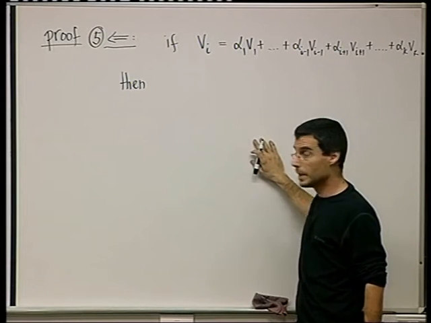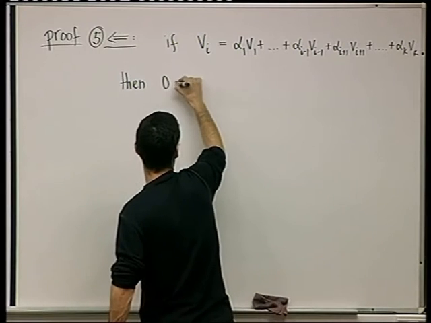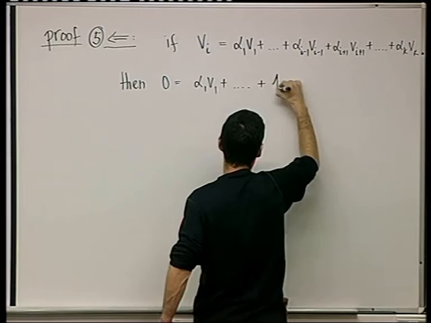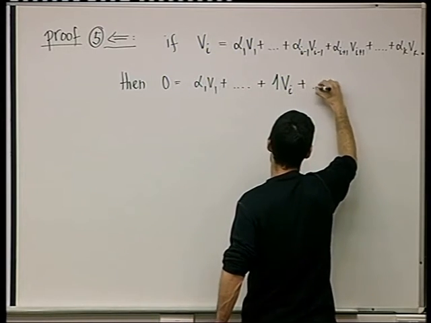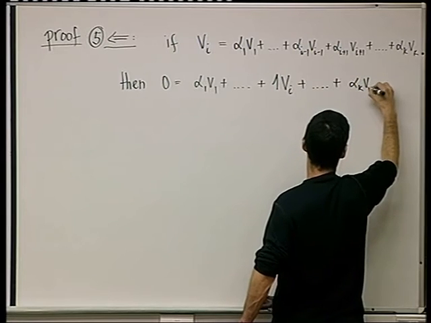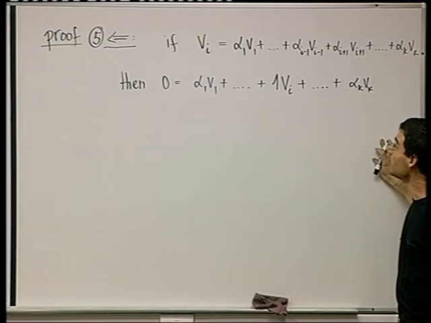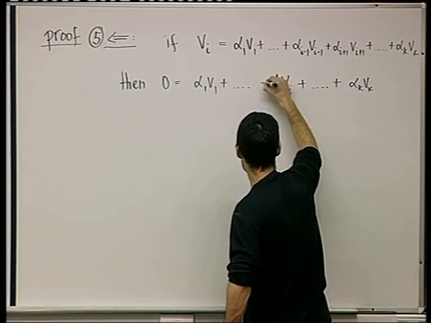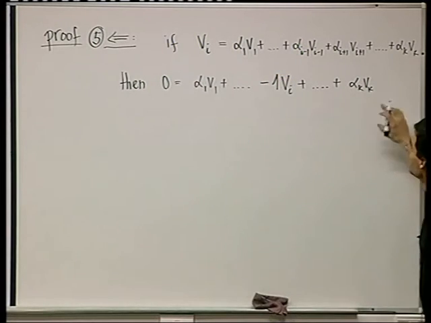Do you agree? Then 0 equals alpha 1 V1 plus ... plus 1 VI plus ... plus alpha k v k. Should be minus 1. Minus 1, you're right. Minus 1 vi plus alpha k vk, right?